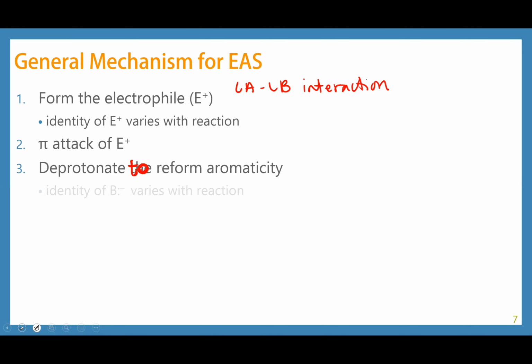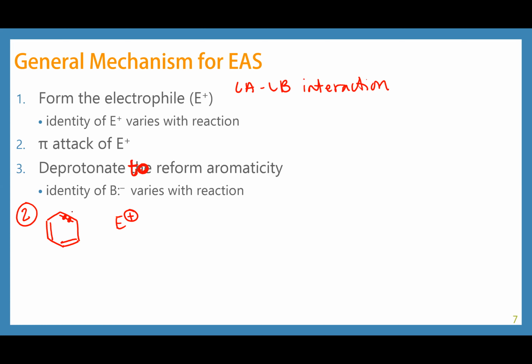So I'm going to draw out an example here. We're going to start at step 2, assuming that we've already created our electrophile. You have your benzene ring. You have your electrophile.